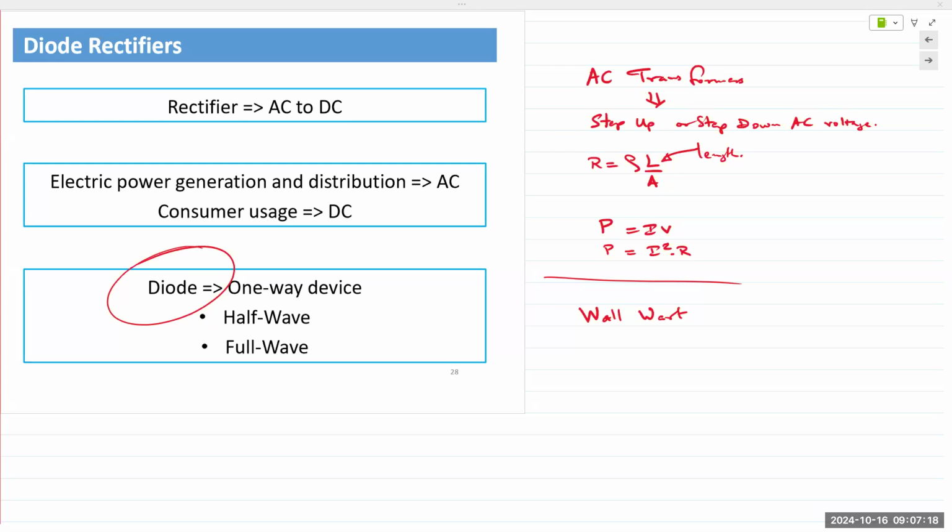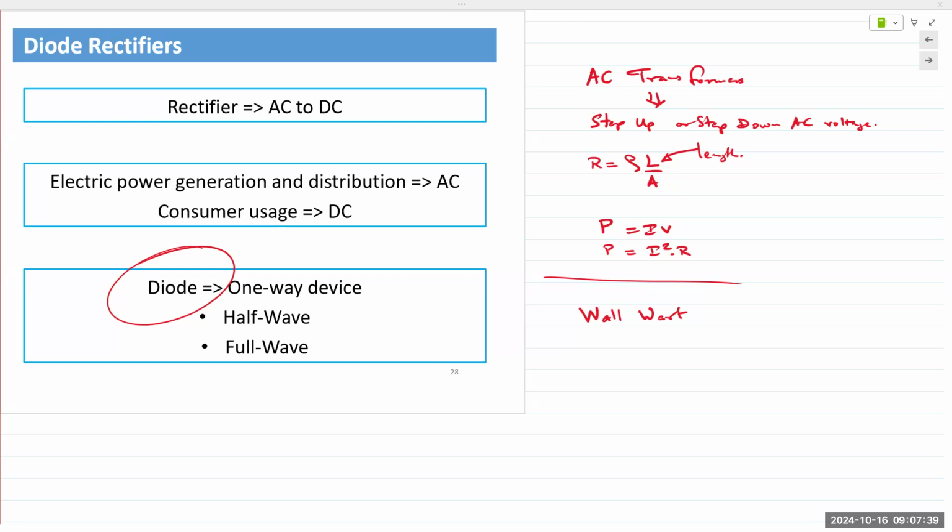No, so there's a lot of other things in there. So first we have, and it's very interesting how they do it. Now they don't use a transformer to step it down. They use a high voltage diode to simply convert 110 volts, 120 volts directly to DC first.